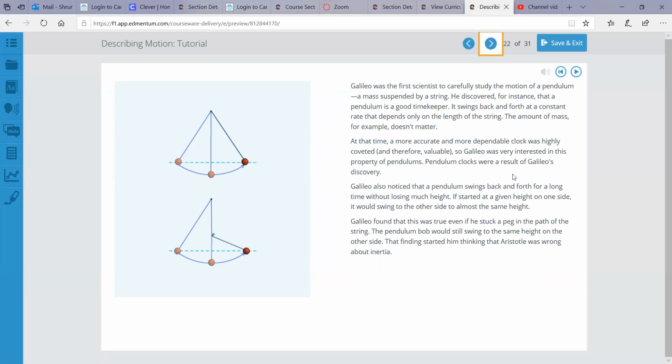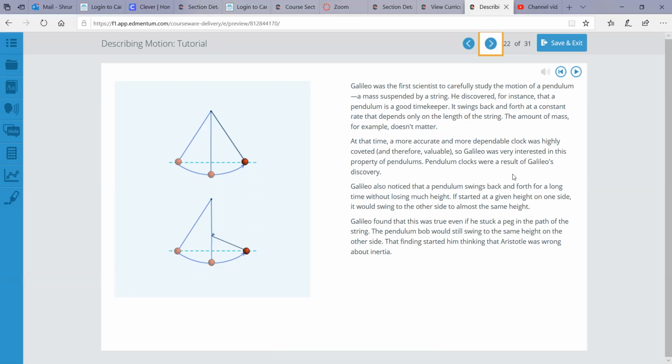The amount of mass, for example, doesn't matter. At that time, a more accurate and more dependable clock was highly coveted and therefore valuable. So he was really interested in this property of timekeeping. Pendulum clocks were a result of Galileo's discovery.